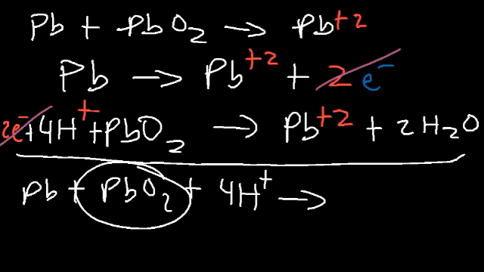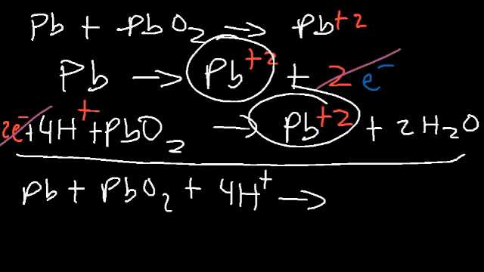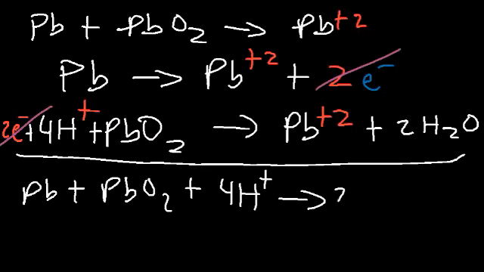Lead 4 oxide, since the charge on Pb in this particular compound is +4. Now on the right side, we have 2 Pb+2 ions. And we have 2 water molecules. So this is the final answer for this reaction.